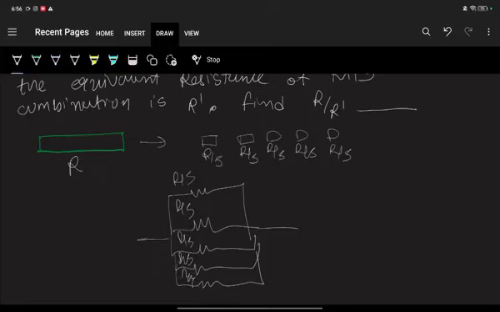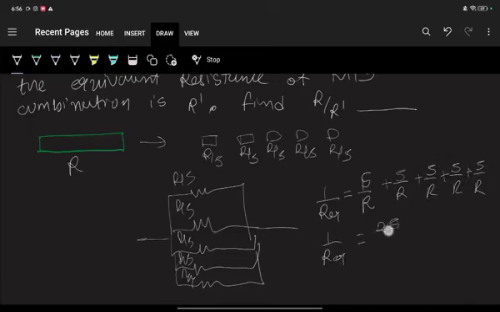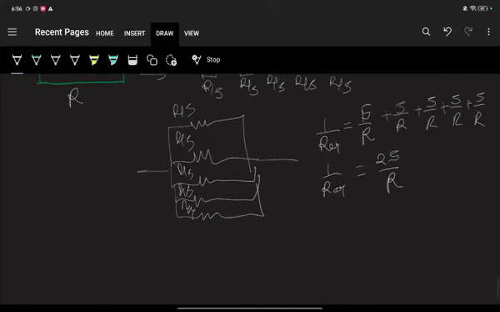So we know that for parallel combination, 1 by R equivalent is 5 into 5 by R, which is 25 by R. So R equivalent is R by 25.